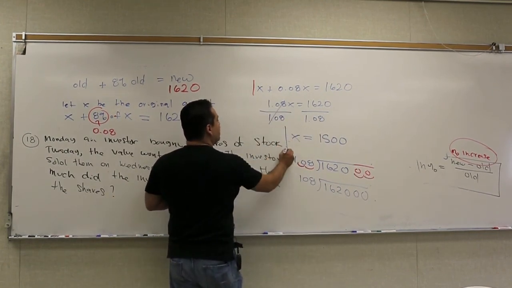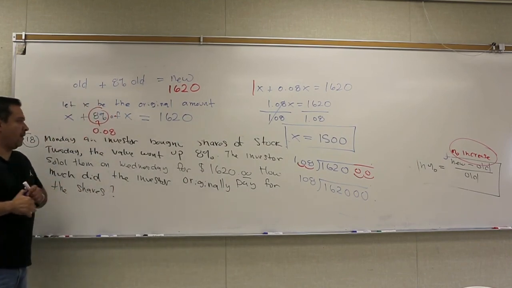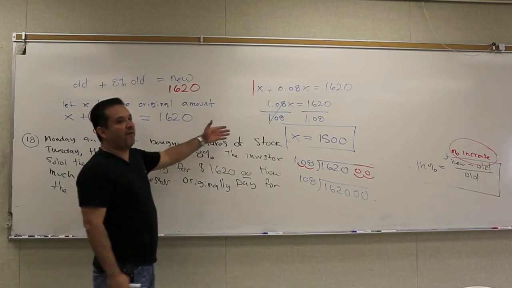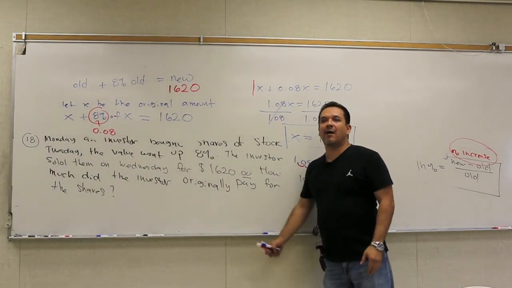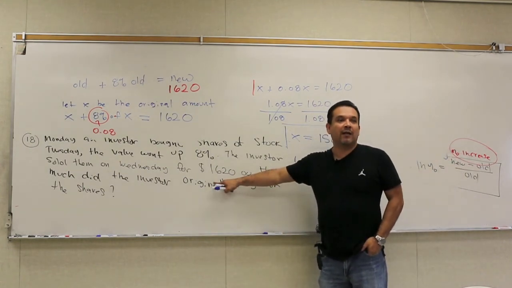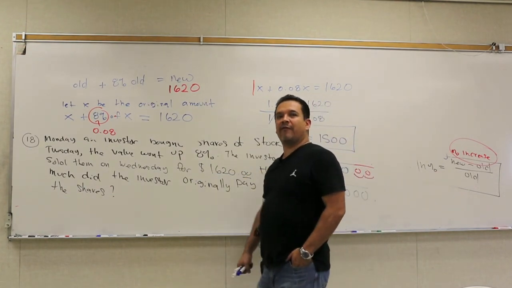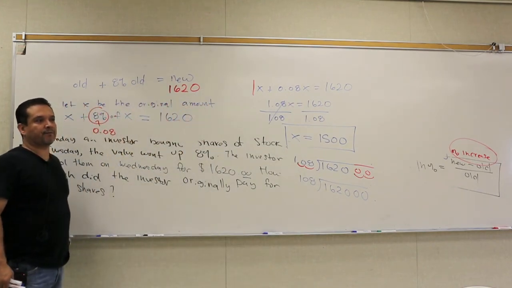And you're going to get x to be what? 1,500. So the investor originally paid $1,500 for this stock, and a day later it went up 8%, and the new value was 1,620. So the original amount is 1,500. Notice it followed the same exact model.